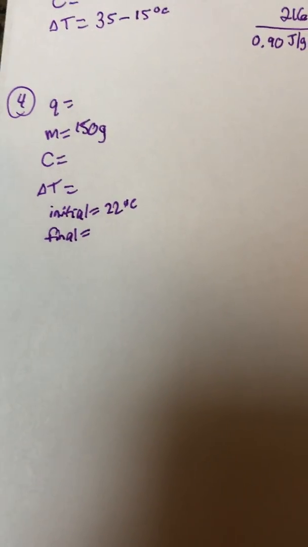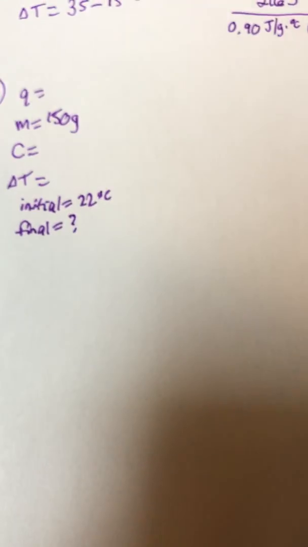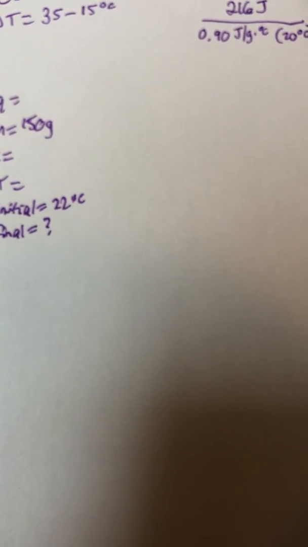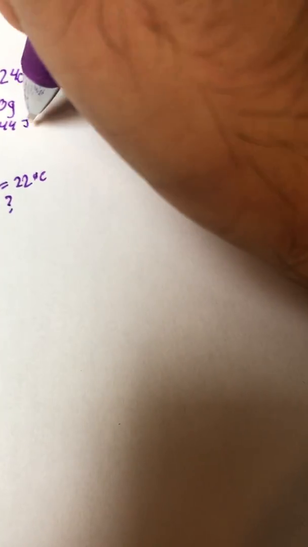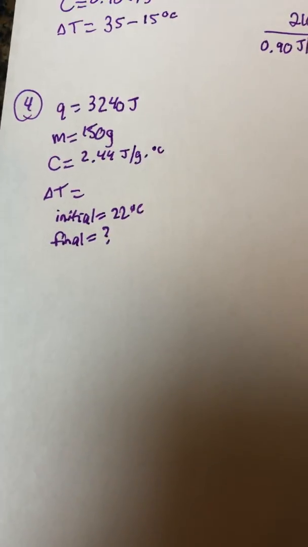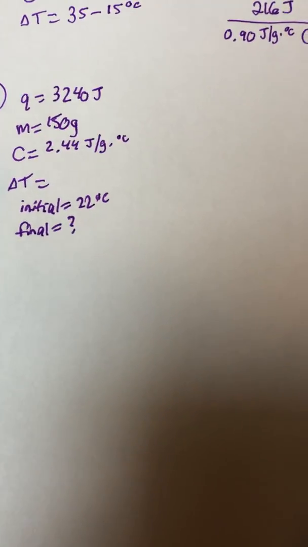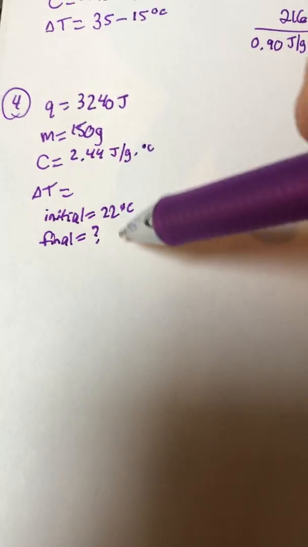They want us to figure out the final temperature. They tell us our Q value is 3,240 joules, and they give us a specific heat. It's 2.44 joules per gram degrees Celsius. Now we're going to have to solve for a final temperature.